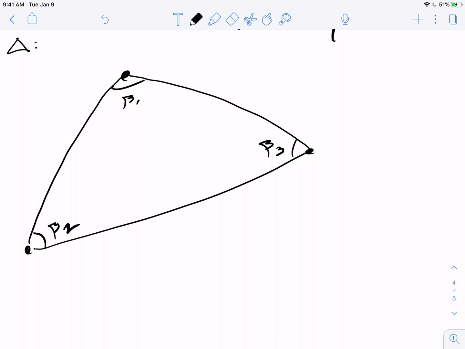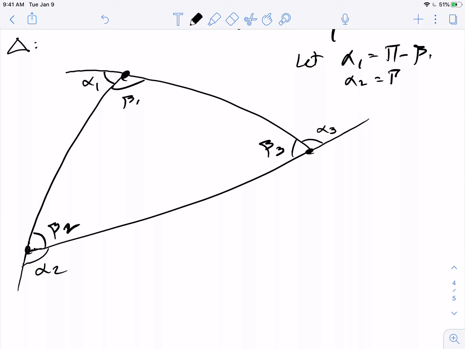And a hint is, it's going to be useful to keep in mind, I forget the name of these, but some of the other angles formed by these geodesics intersecting. So I'm going to name alpha i to be pi minus beta i. So let alpha 1 equal pi minus beta 1, and similarly for the others. It's going to be useful or helpful. So that's just a little hint.